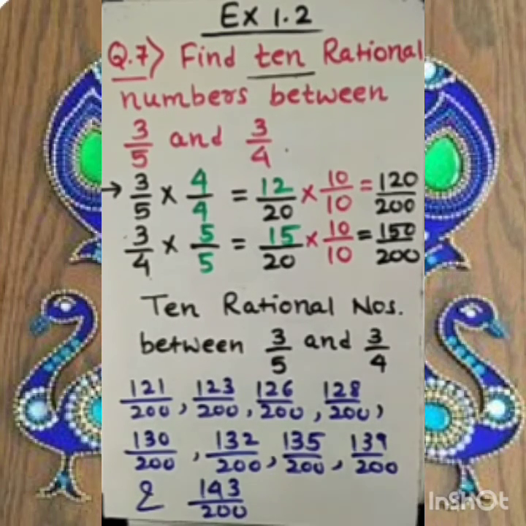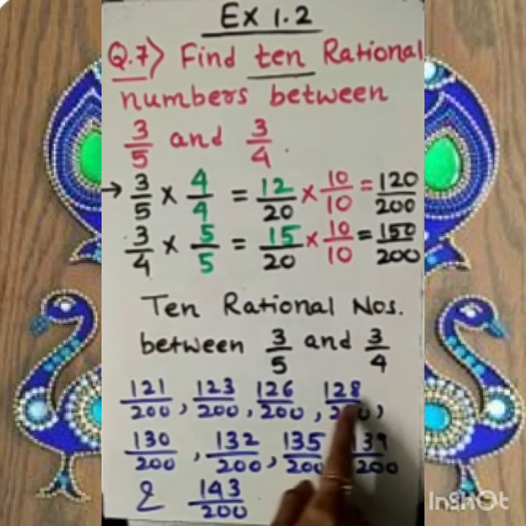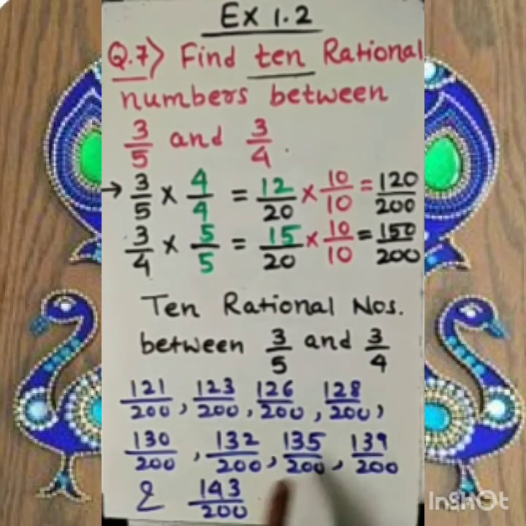Okay, till 150. Don't include 150, but till 150 we can write any 10 rational numbers. I hope I have written 10 here. No, 1 2 3 4 5 6 7 8 9. One more I can mention here. 143 is there. So last I am writing 149 upon 200.